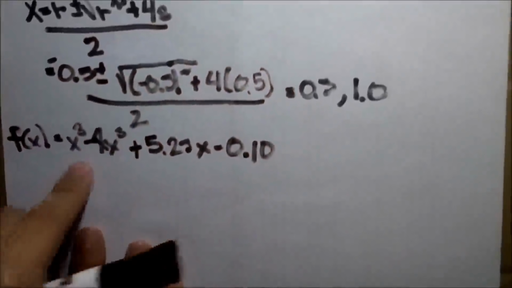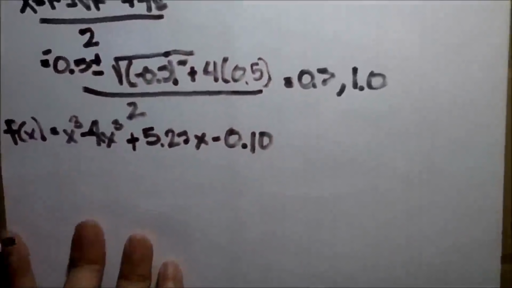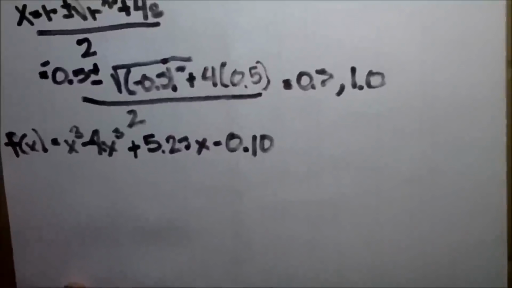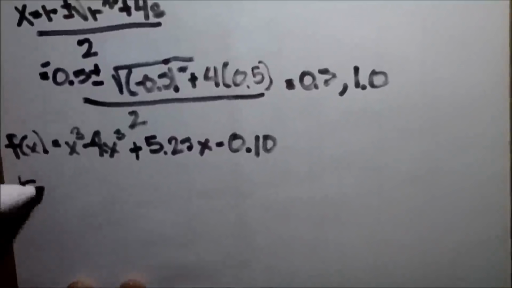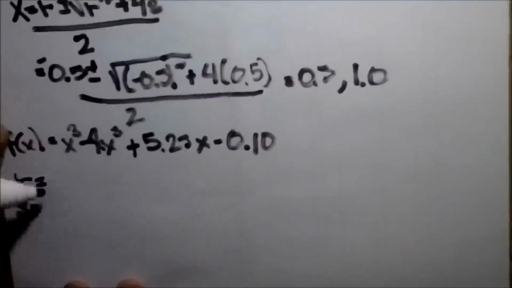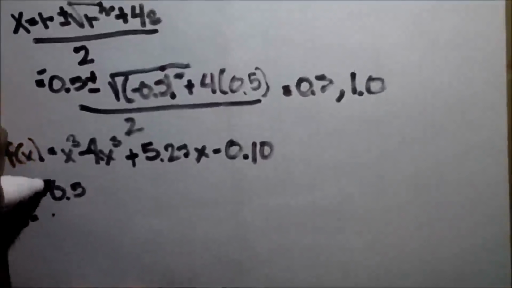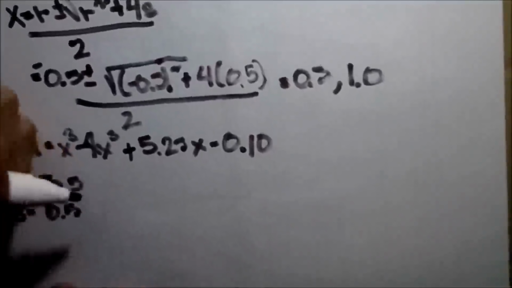As we see this, it is a third order polynomial, so we must perform another Bairstow's method. The R is negative 0.5 and the S is 0.5 as the initial guess.